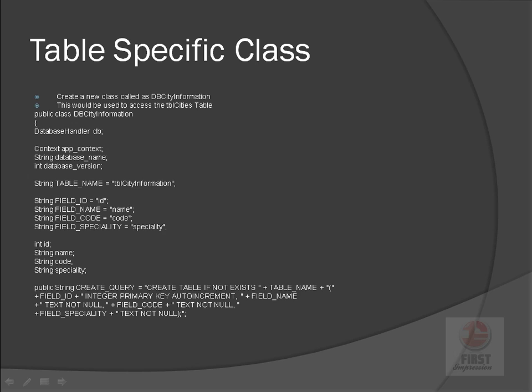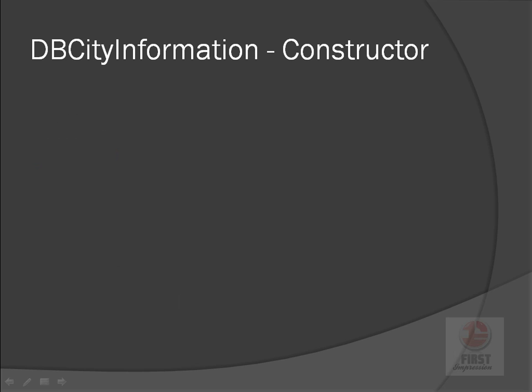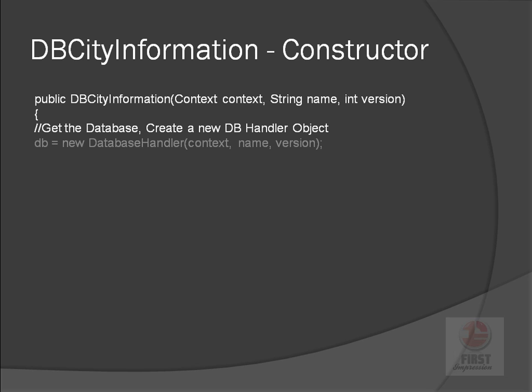After the table specific class, let's move on to create the constructor of this table specific class. We'll have public DB city information. This is the same name as the class name. Over here we have to pass the context, the name of the database and the version. So let's initialize them. We'll say db equals new database handler.